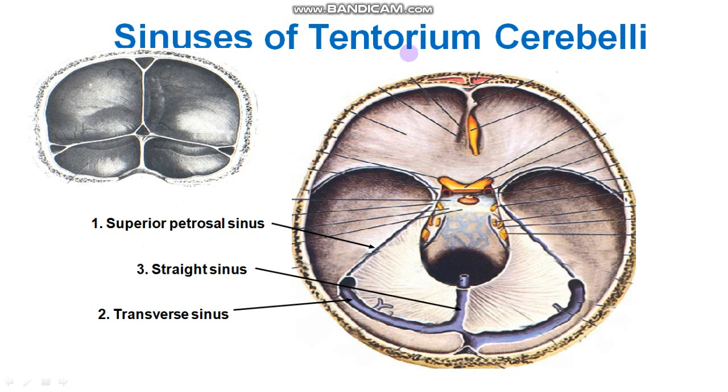The sinuses of tentorium cerebelli are the superior petrosal sinus, straight sinus and transverse sinus.